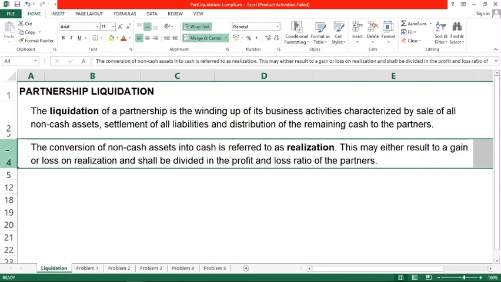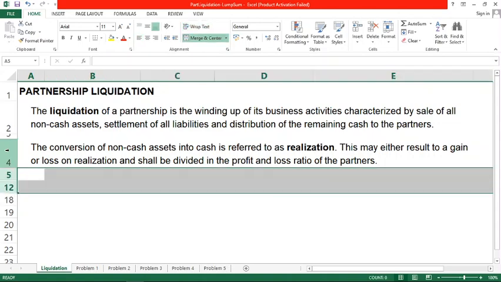That gain will be divided by the partners in accordance to their profit sharing ratio. Now, what if that 100,000 equipment will be sold for only 90,000? Basically, there's a loss of 10,000, and again, that loss will be divided by the partners according to their ratio.